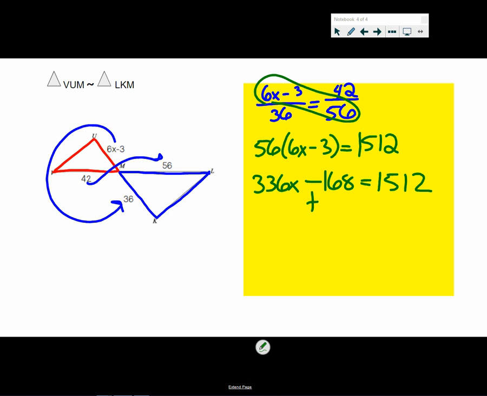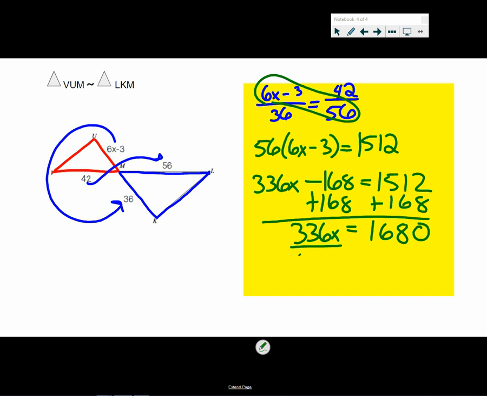Right, I'm going to add 168 to both sides. That gives $1,680. And then divide both sides by 336. And I get 5.